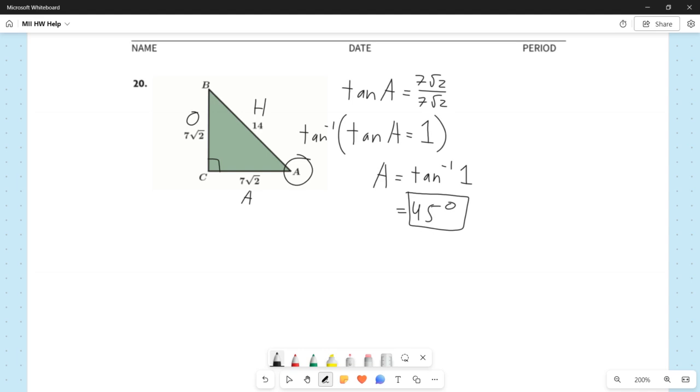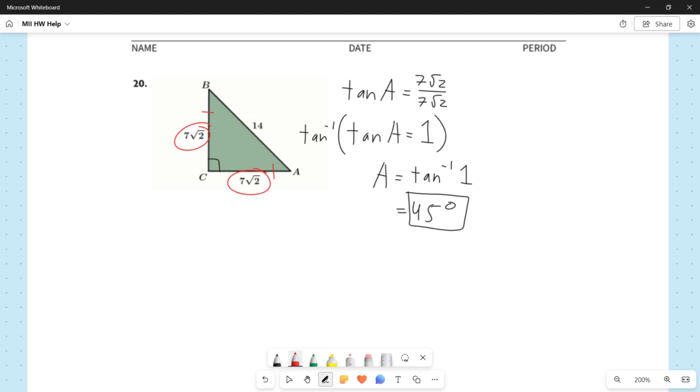I also said that we can solve this in a much quicker method, and the much quicker method is to go back to the very beginning. I'm going to just erase all my markings here. And notice that in this case, 2 of our sides are congruent. So what that means is this is an isosceles triangle.